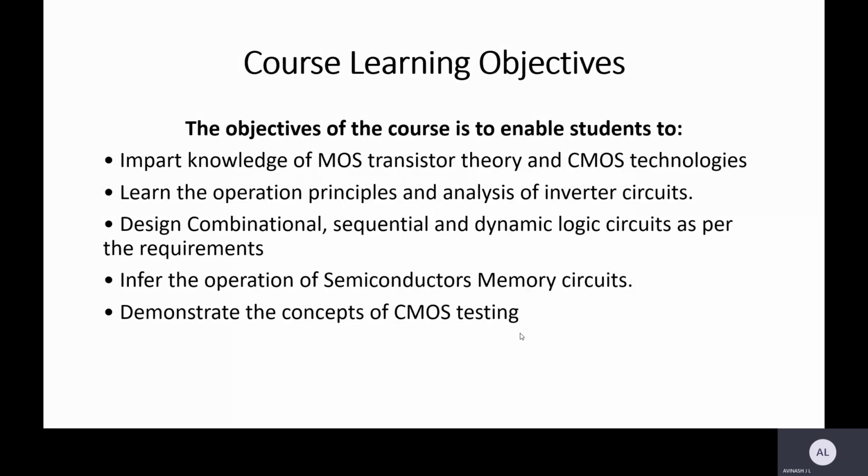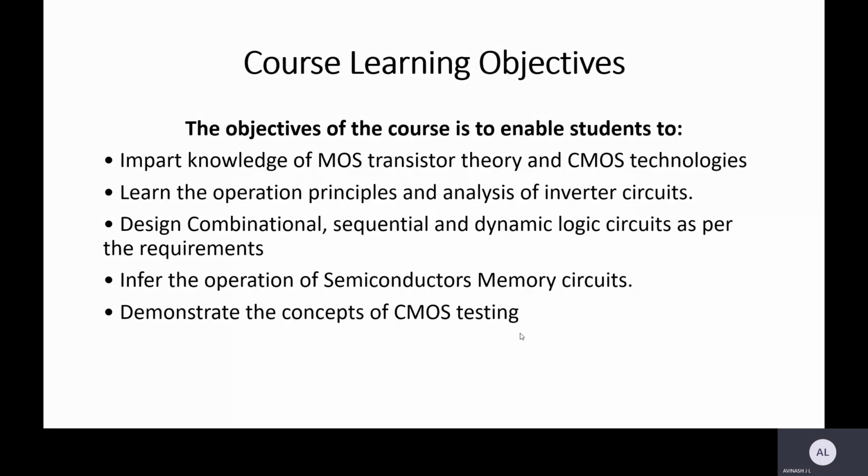Now, the first one, impart the knowledge of MOS transistor theory and CMOS technologies. It is something like knowledge. What is the concept of CMOS technologies? What is the concept of the MOS transistor? How has it evolved? Those fundamental things we are going to learn.